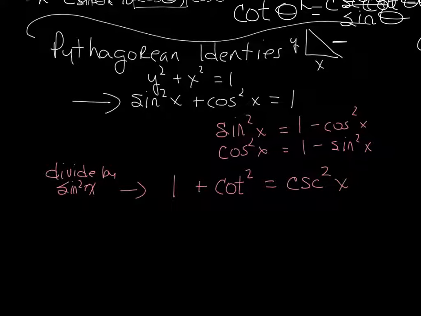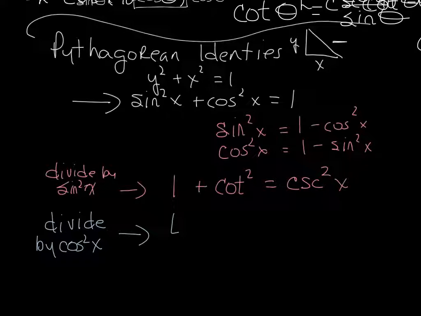To find the third one, we're going to divide everything by cosine squared. So sine squared divided by cosine squared equals y over x, tangent squared, and cosine squared divided by cosine squared? 1.